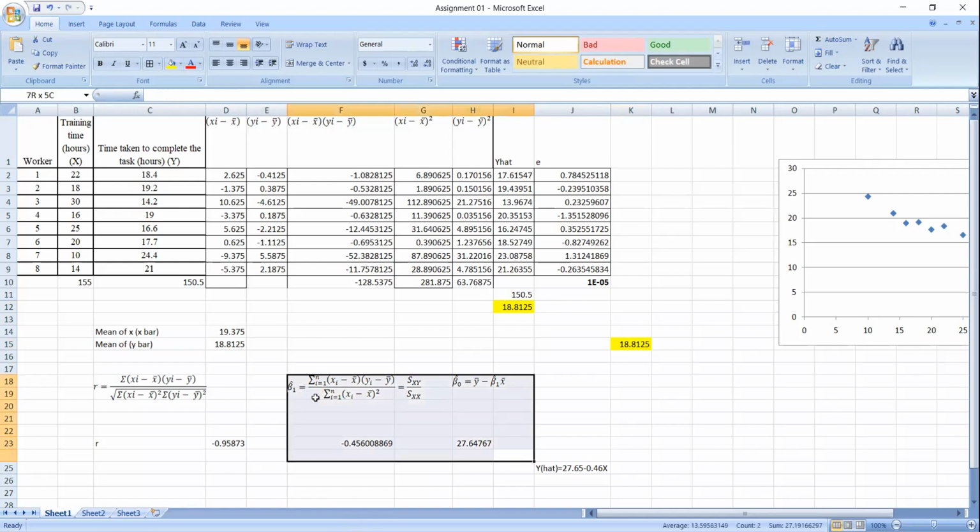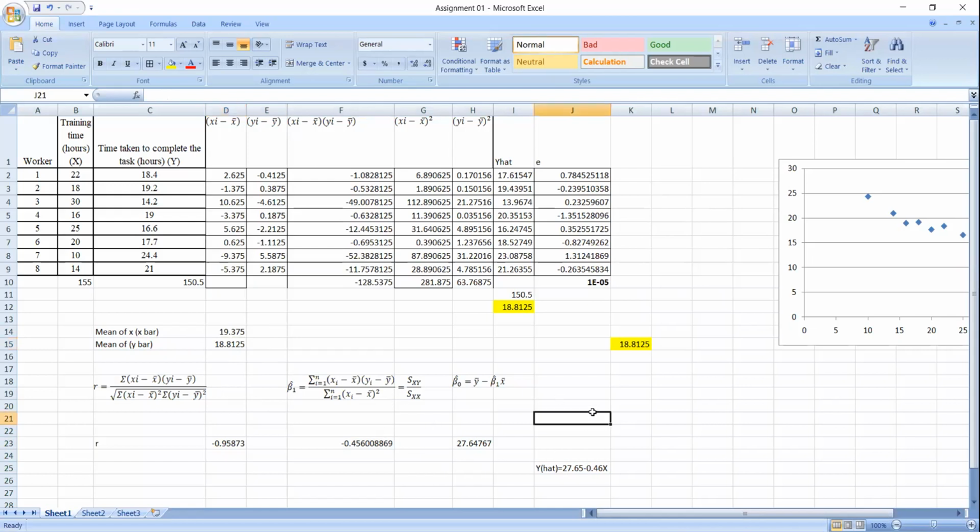So if you check these centroid points, we have already calculated our x bar value was 19.375 and y bar was 18.8125. If these two centroid points pass through the fitted line, that is, if you substitute the two centroid points, it should satisfy the equation of the fitted regression model.